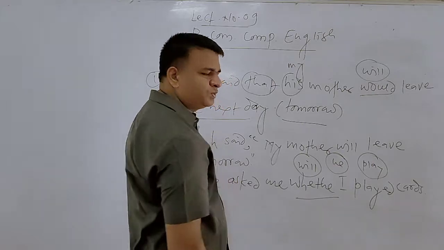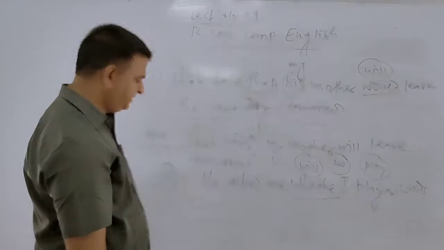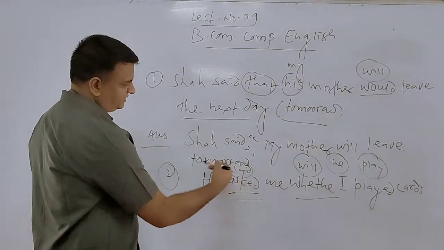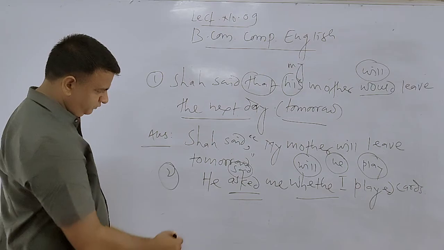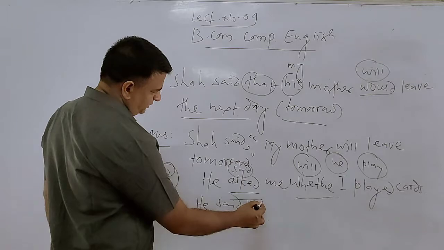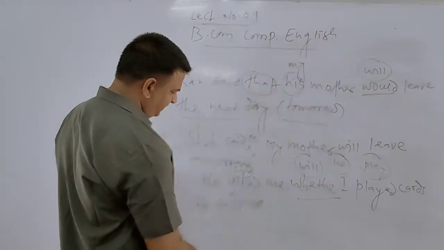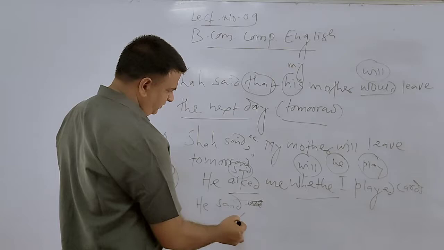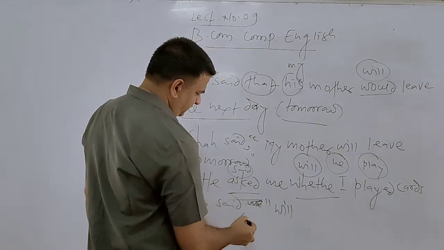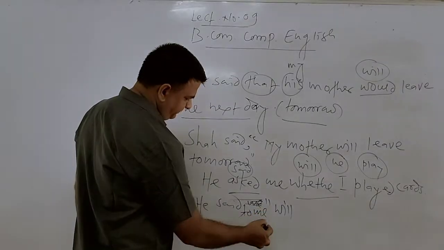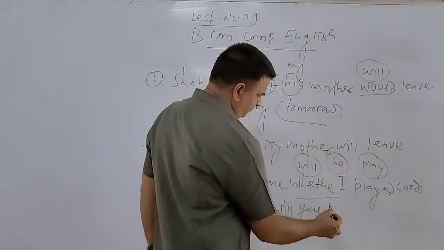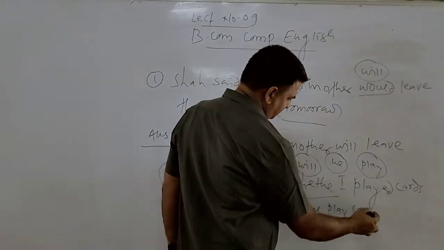And this way we have to bring the changes, and we can simply say, he said to me, comma, inverted comma. We can simply say he said to me, will you play cards?